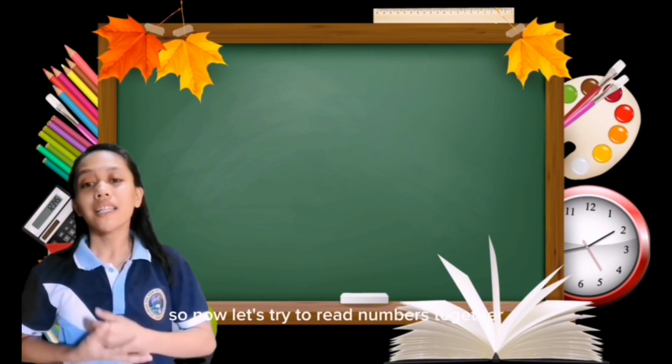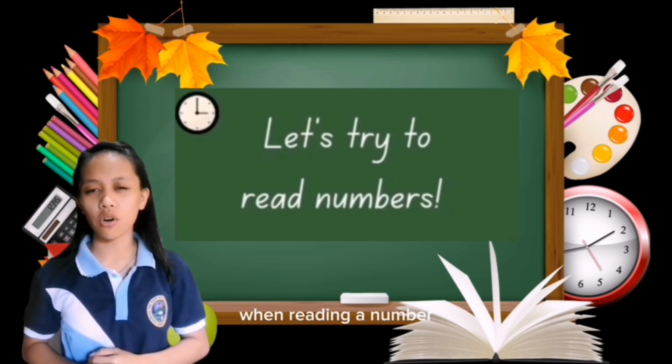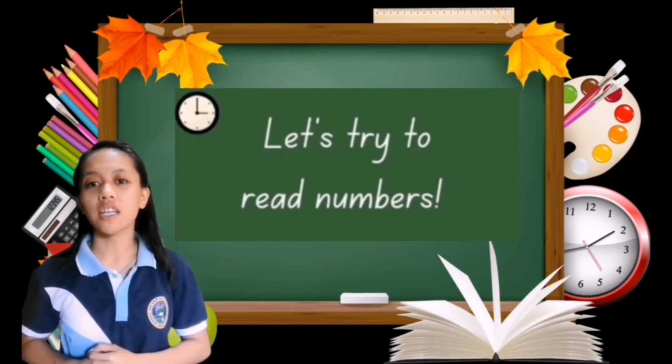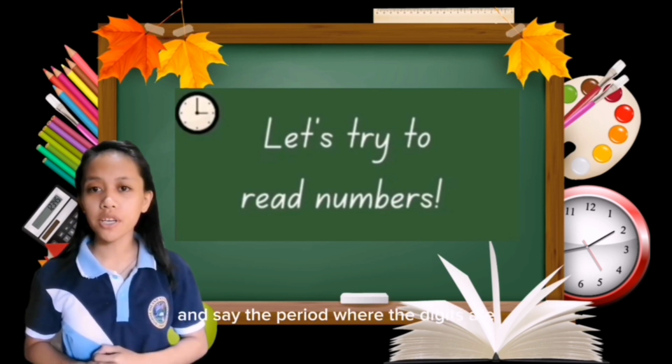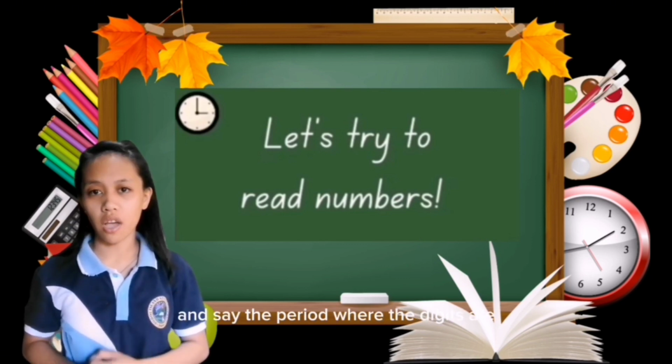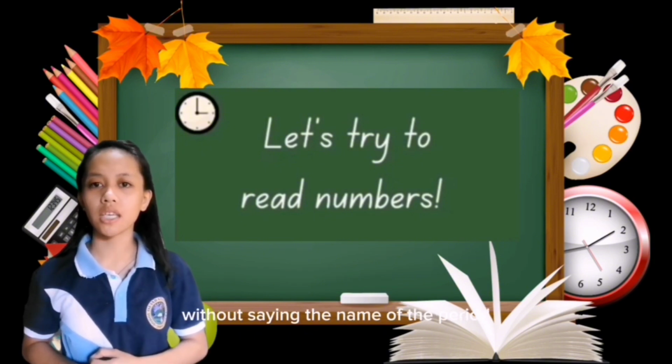So now, let's try to read numbers together. When reading a number, always begin with the digits in the first period on the left and say the period where the digits are. Do the same with the units period without saying the name of the period.